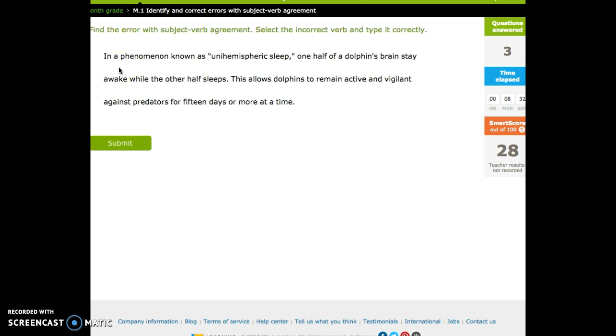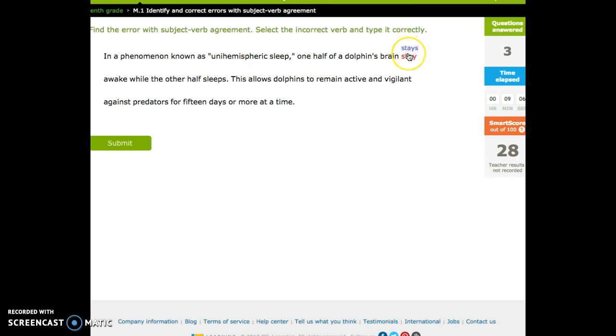In a phenomenon known as unihemispheric sleep, one half of a dolphin's brain stay awake. Okay. When you get a fraction, a percentage, or a number, and it applies directly to a noun, you're going to use the noun to conjugate.